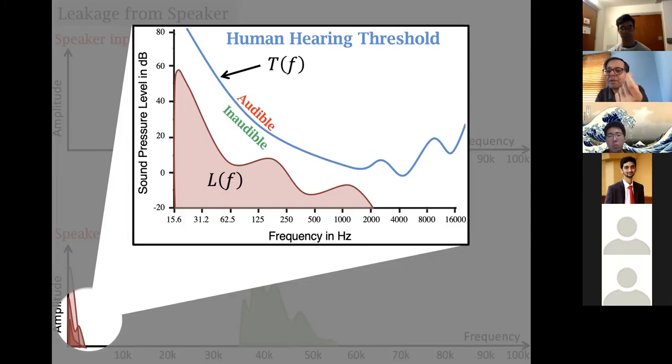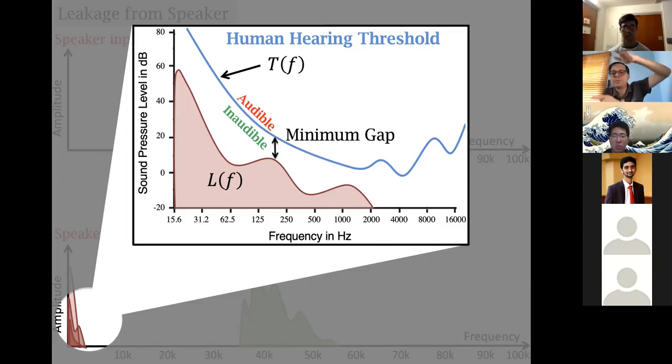So now it's an optimization problem, which is, I want the minimum gap between the audible curve and the leakage signal. How should I shape the leakage signal in a way such that the minimum gap between the leakage signal and the audible curve is dash?